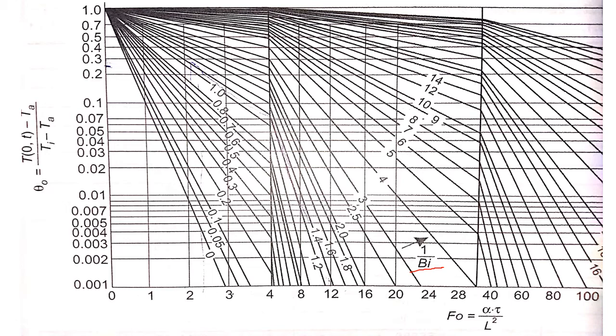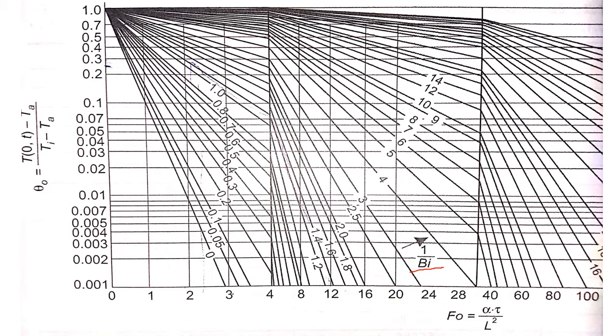And this axis, 0, 1, 2, 3, 4 up to 100, indicates the value of the Fourier number, whereas this axis indicates the value of T minus Ta divided by Ti minus Ta, where T is the center line temperature.